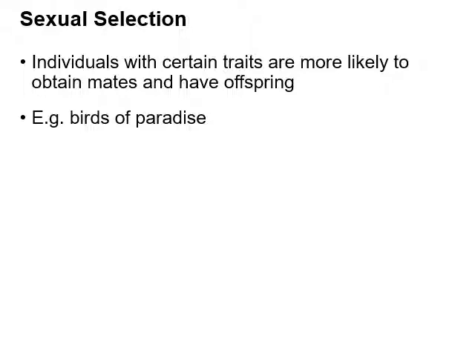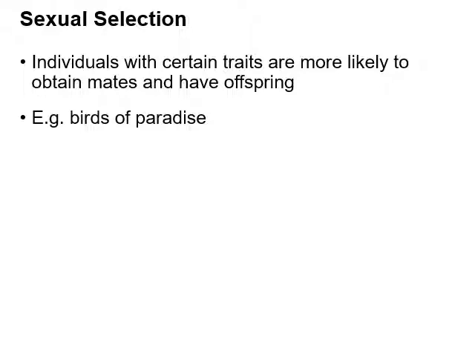And females will see that male and say, whoa, that male obviously is doing something right because even though he has all these bright feathers, he's still able to survive, despite that huge handicap. So maybe I want my kids to have those same good traits that that male must have.